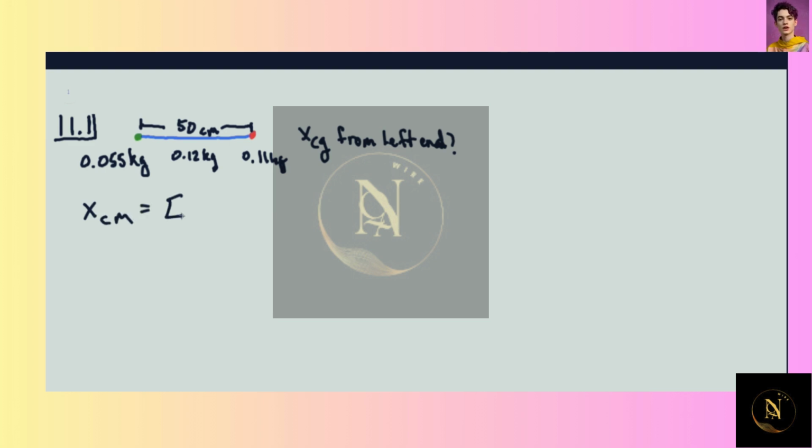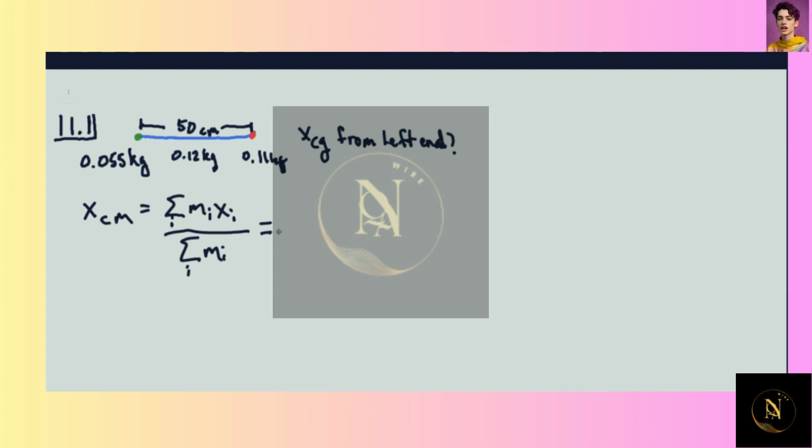The center of mass is just the weighted average of all of the positions of things in the system. So it's the sum of the mass of each object times its position, that's all divided by the total mass.